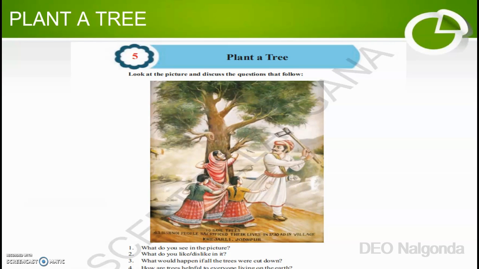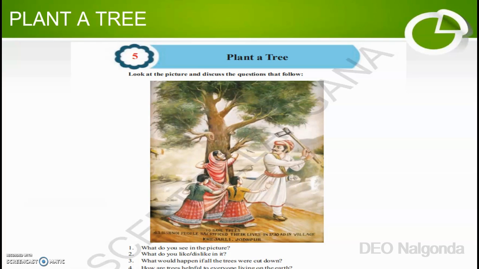Then the sacrifice for the trees started. In the picture, you can see Amrita Devi Bishnoi, along with her 3 daughters and more than 300 Bishnoi ladies. That moment of stopping the cutting down of trees is known as the Chipko movement, which started in the 20th century.